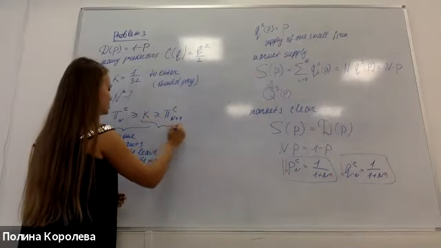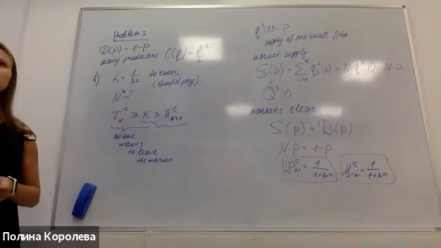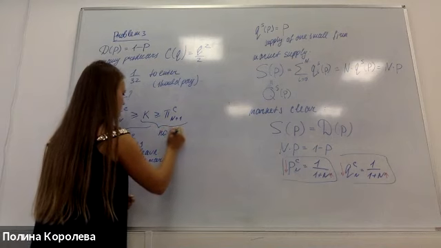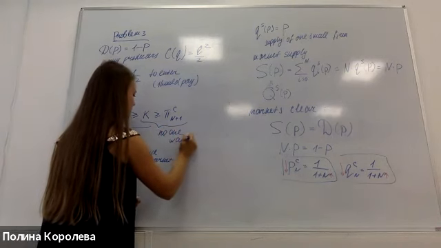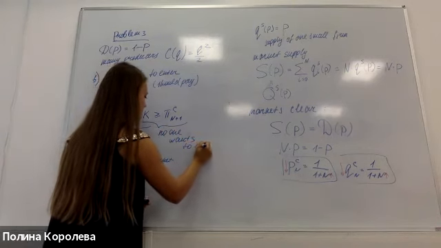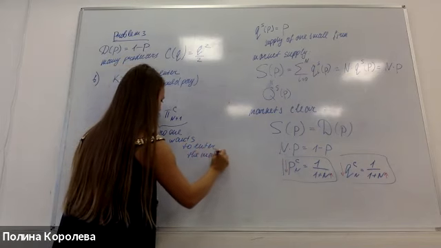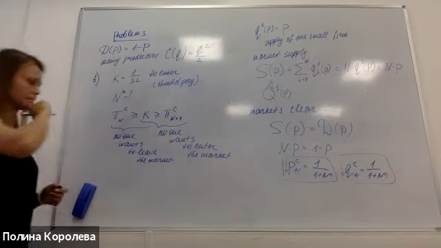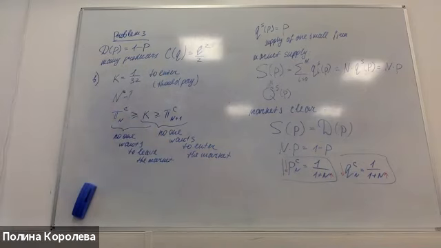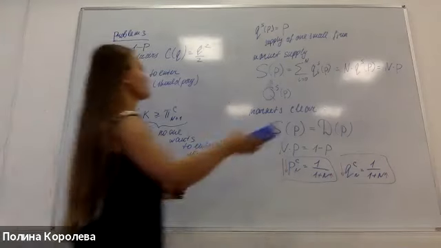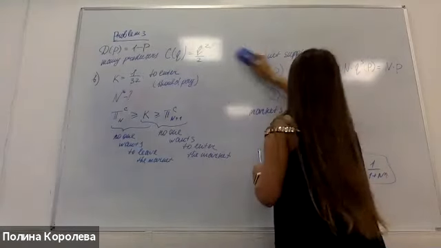So this is the condition that no one wants to enter the market. Let's write down profits and find our optimal number of firms in the market.